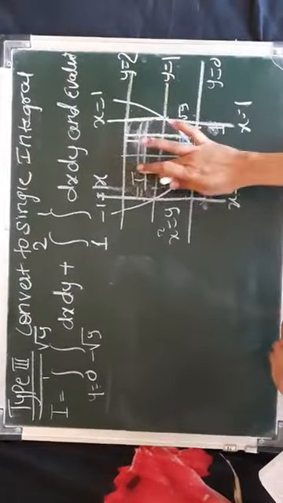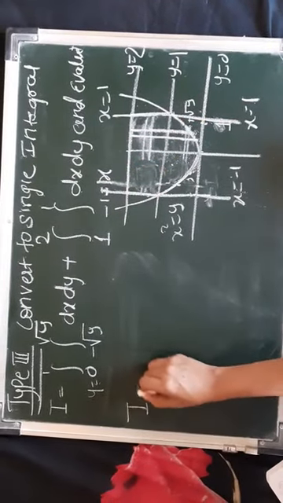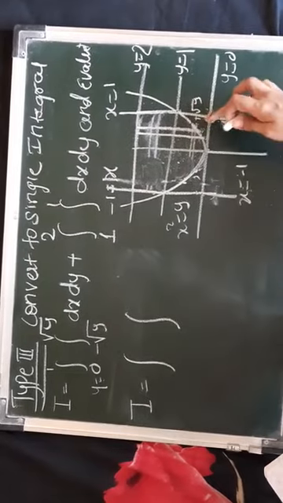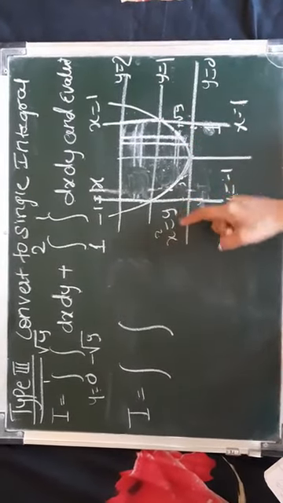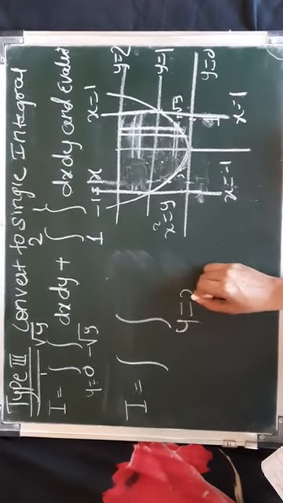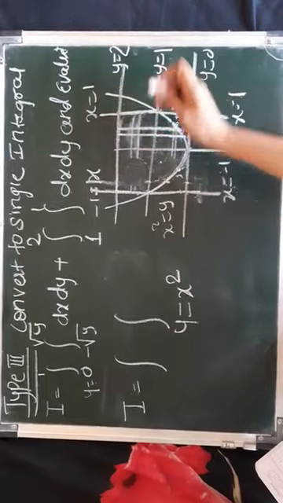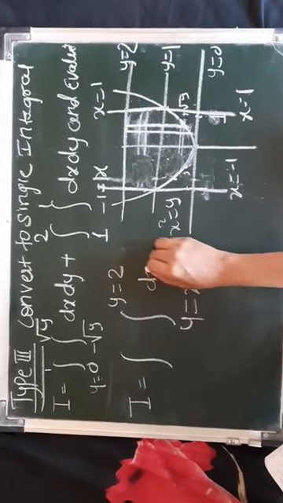Now if I consider the total region as I, that is this, then I will become, look at the lower limit, this is the parabola, what is the equation? x square is equal to y. When I consider a vertical strip, I have to take the limits of y. So y is equal to x square, to the upper limit of y is equal to 2. The inside function is only dx dy.